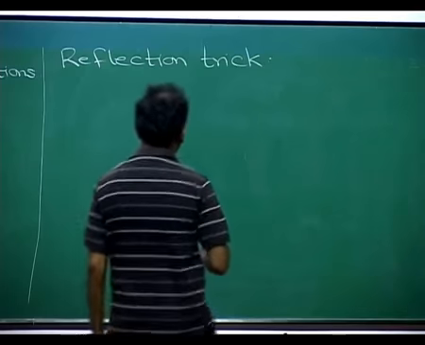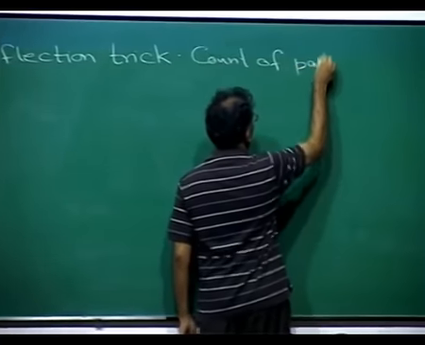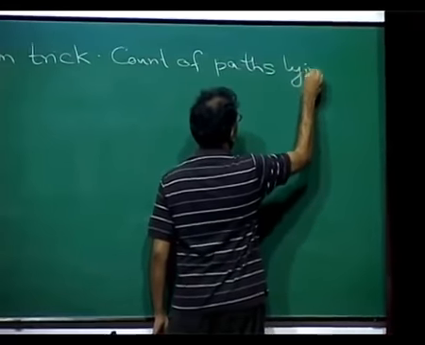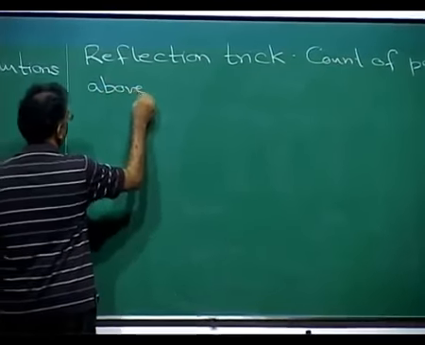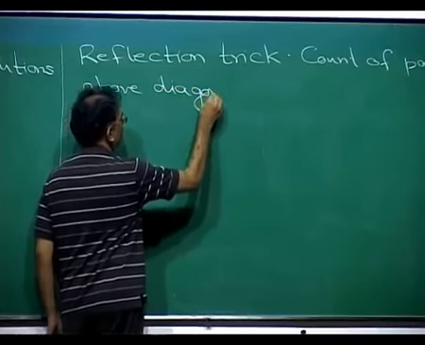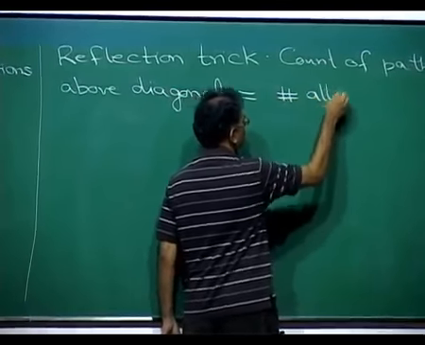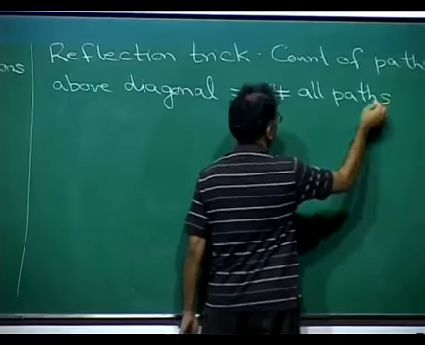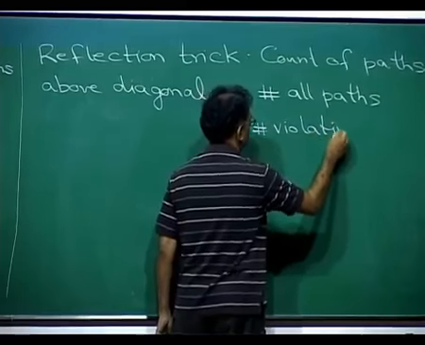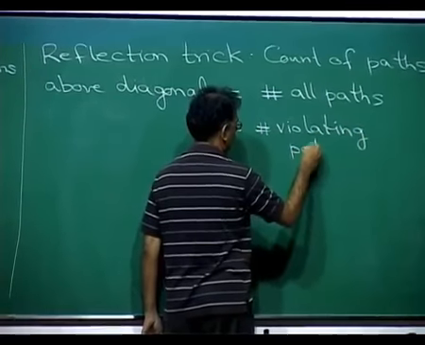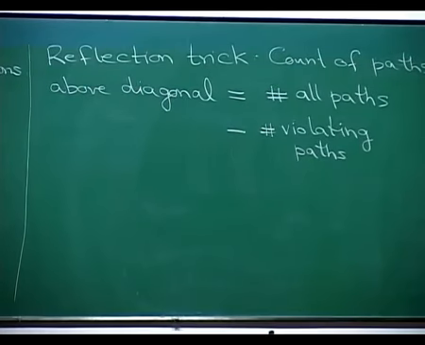So the reflection trick says, count of paths lying above the diagonal (I mean on or above, right?) equals number of all paths minus the number of violating paths. Violating paths means going below the diagonal at some place or the other.